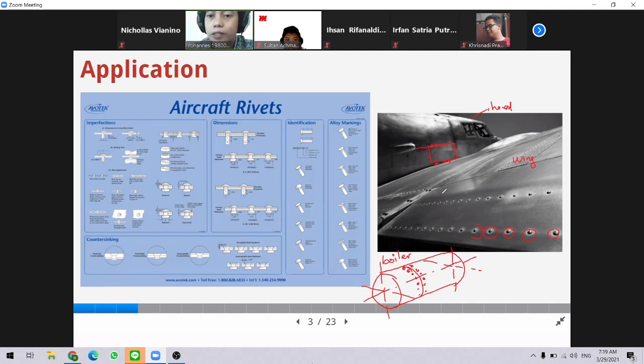So actually this kind of joint is very strong. And also in the boiler, there is very big pressure inside, working in all directions.